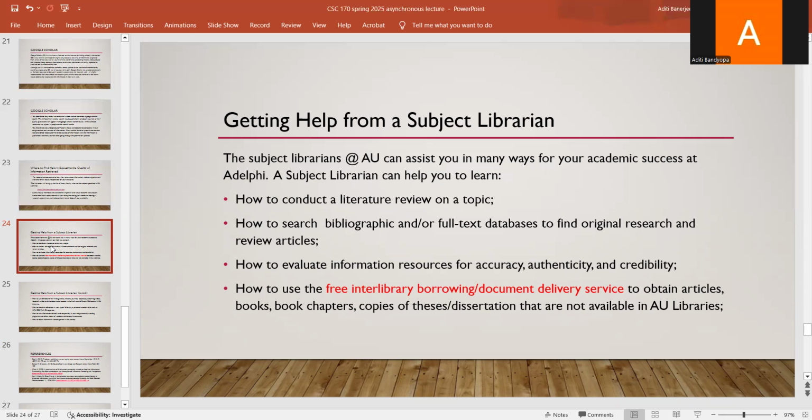You can learn from your subject librarians how to use the free interlibrary borrowing or document delivery services to obtain articles, books, book chapters, copies of theses, dissertations that are not available in AU libraries. The free interlibrary borrowing service is available to all our students who are currently enrolled at Adelphi.